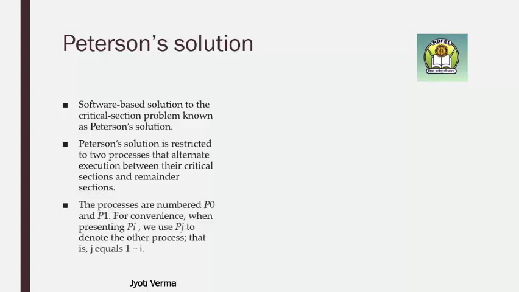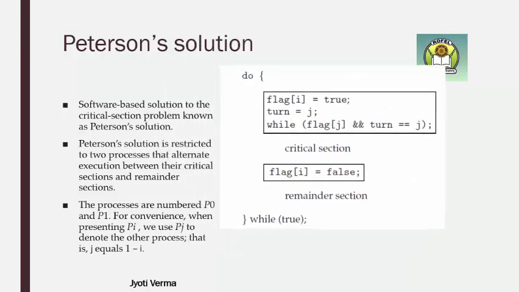The processes are numbered P0 and P1. For convenience, when presenting Pi, we use Pj to denote the other process, that is j equals 1 minus i. The code used by the Peterson solution is this code.